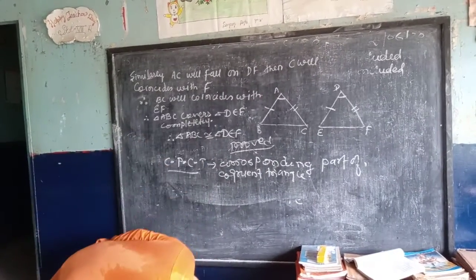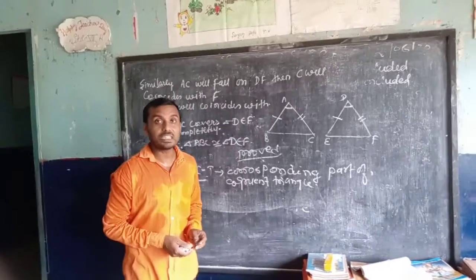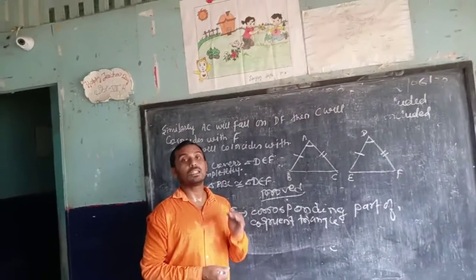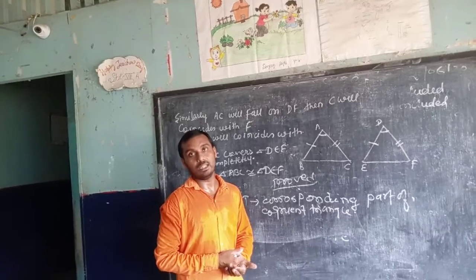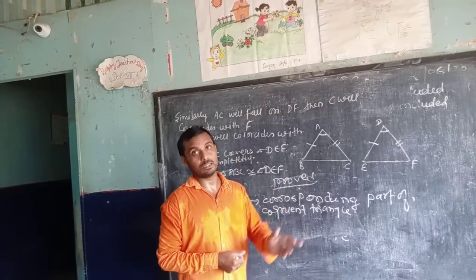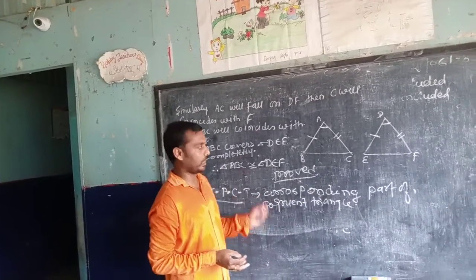When two triangles are congruent, then their corresponding parts are equal. Means what? The sides opposite to equal angles are equal. See how? Corresponding parts of the congruent triangles.